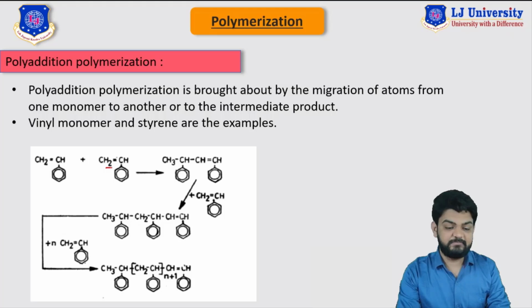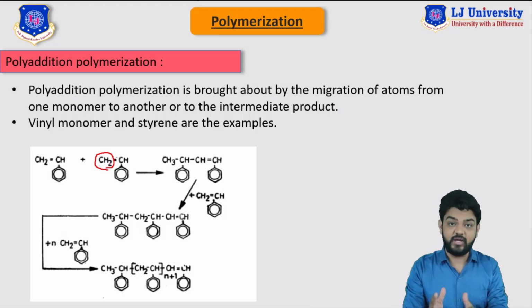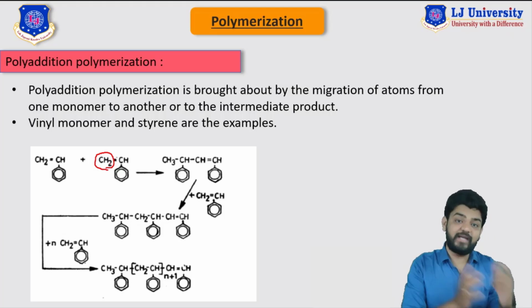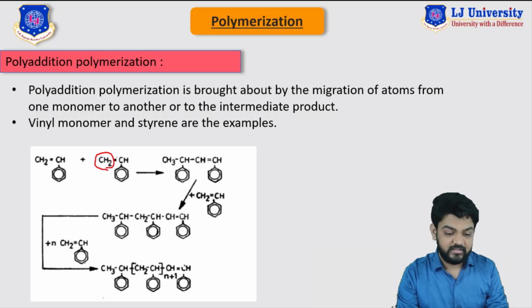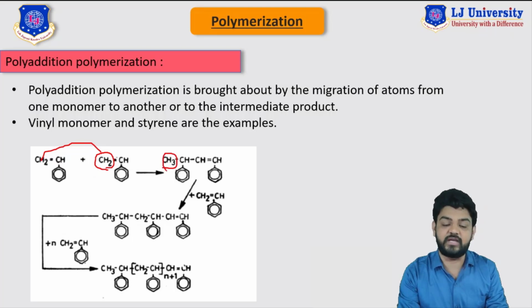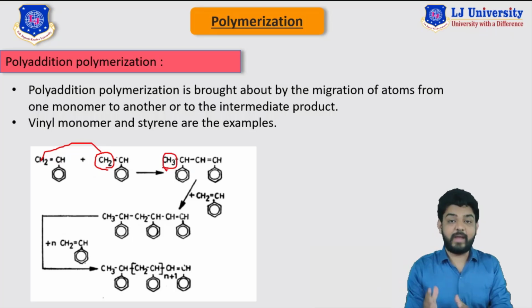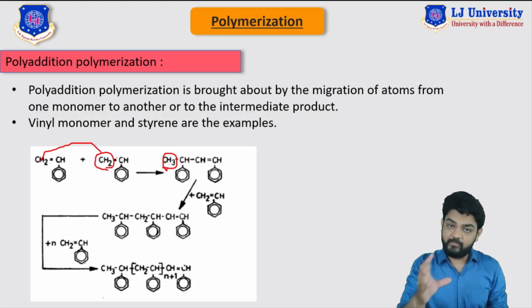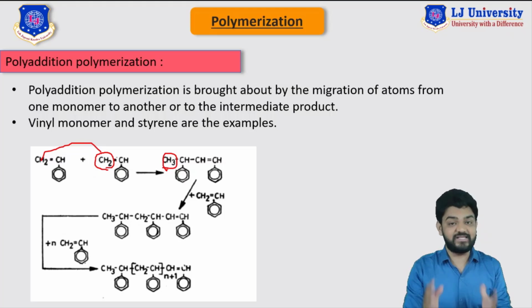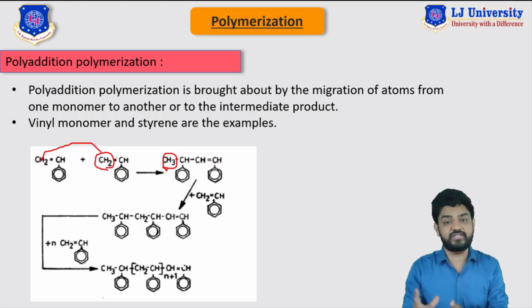See, this particular hydrogen, here we were having CH2, right? Now this hydrogen has migrated from its own styrene to the next styrene. You can see this hydrogen has moved from here to here, and we now have CH3 for this first styrene. So this is what we mean by migration of a hydrogen atom or any other molecule from one monomer to another monomer, and this is why this particular reaction is called the poly addition reaction, right?